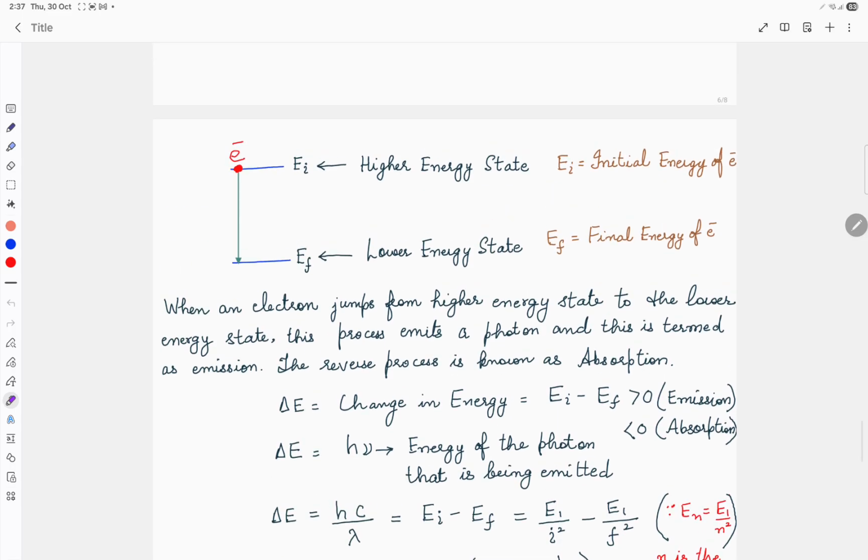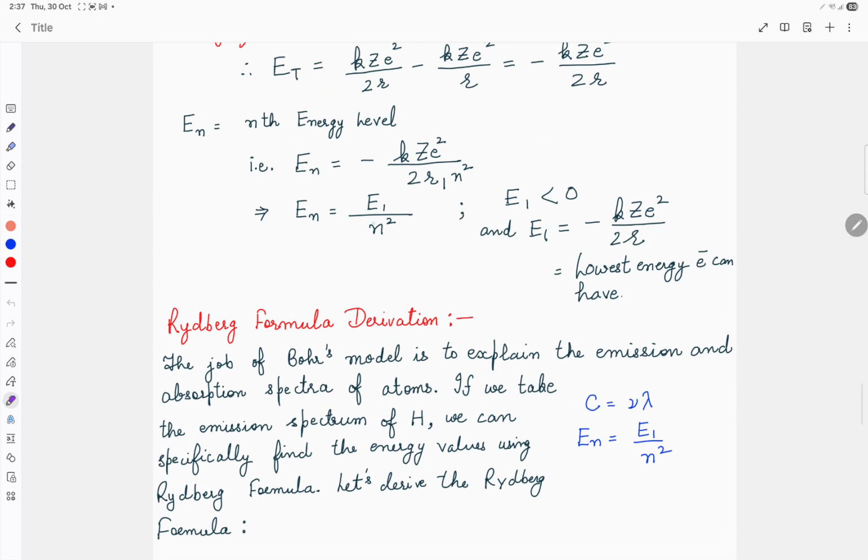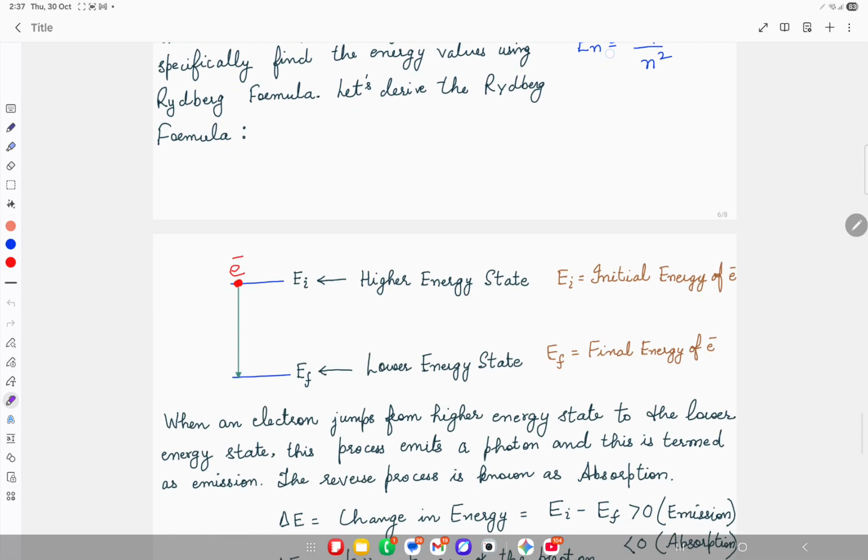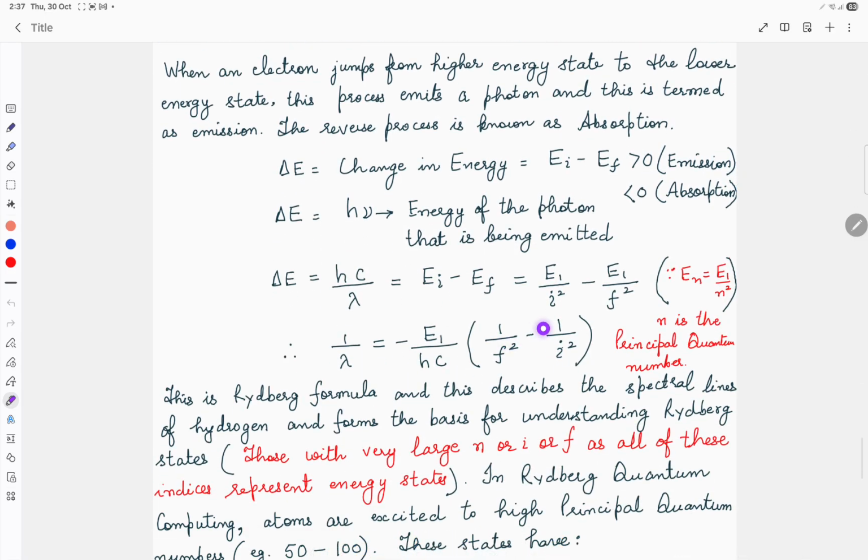I am using the formula E1 upon n squared, but in place of n, I am using index i here and index f there. Therefore the overall expression becomes 1 over lambda is equal to minus E1 over hc times (1 over f squared minus 1 over i squared). This is known as Rydberg's formula, where n is the principal quantum number.